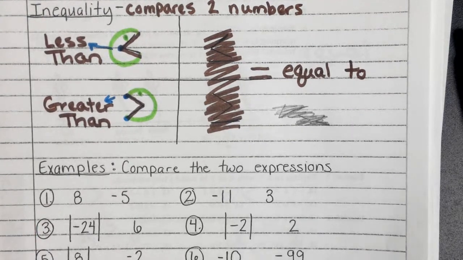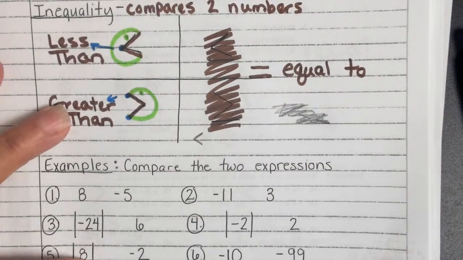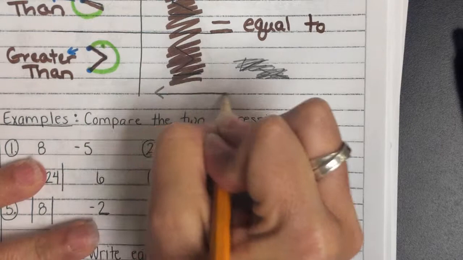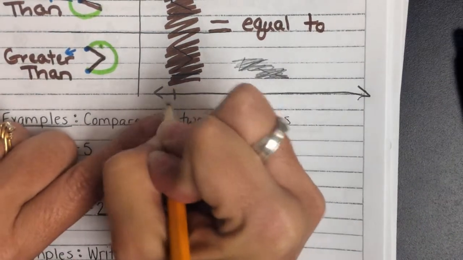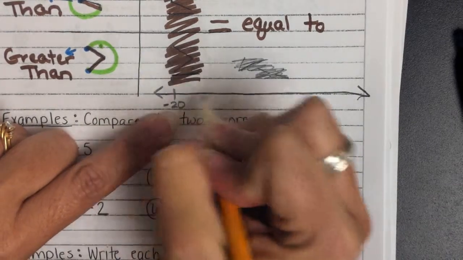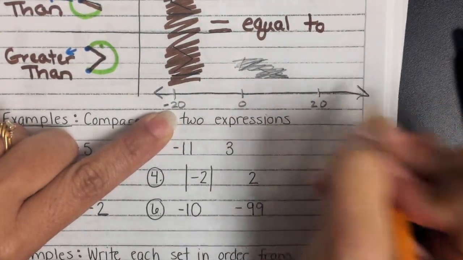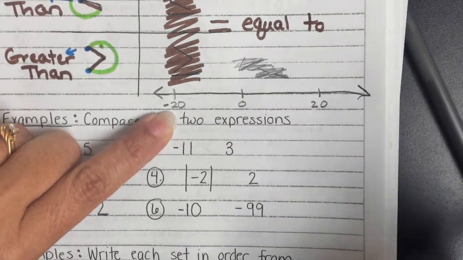Now, the only other thing I want to show, and I've kind of already talked about it today, is the number line. I'm just going to draw one right here for the fun of it. If I'm looking at a number line, let's say down here, -20, and a 0, and then let's just say 20, because I'm trying to make it short and sweet. Listen, what end is this?